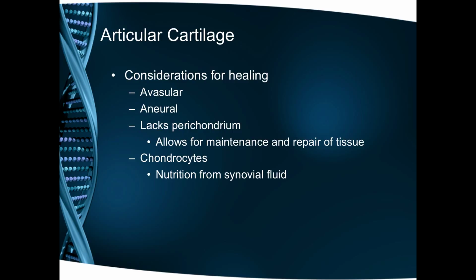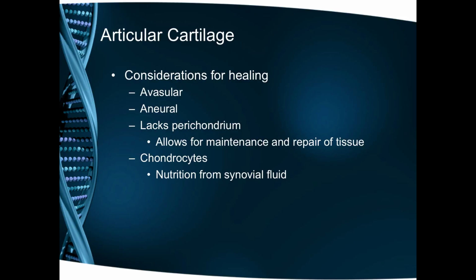More importantly, it doesn't have a perichondrium. And a perichondrium covers most cartilage, and it contains the blood vessels and primitive cells, so that allows most cartilage to rejuvenate and heal itself. But because articular cartilage does not contain perichondrium, it is not really capable of healing.